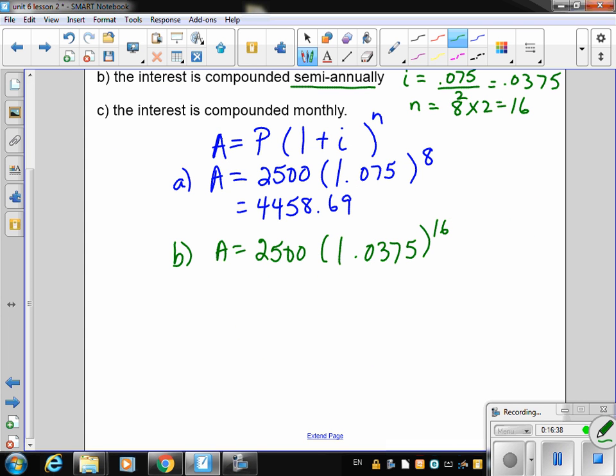So you'd think it would end up in the same place. Same amount of money, same amount of time, same interest rate, just compounded differently. So I'm just typing this in, and we end up with $4,505.57. So you actually end up with more interest the more times it's compounded.